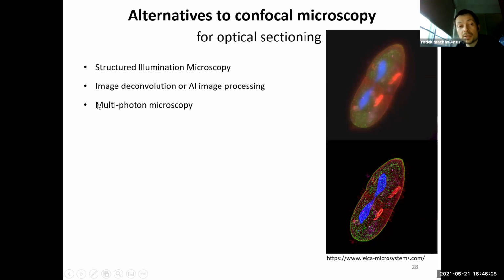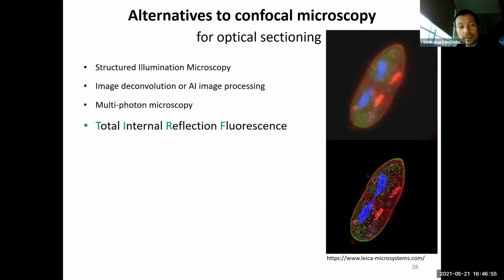And another thing which is very similar to confocal microscopy, in the sense that it is also a point scanning approach, is multiphoton microscopy. That is something we don't have at CellC at the moment, but it is planned to be installed. So maybe in the future we can talk more about this.